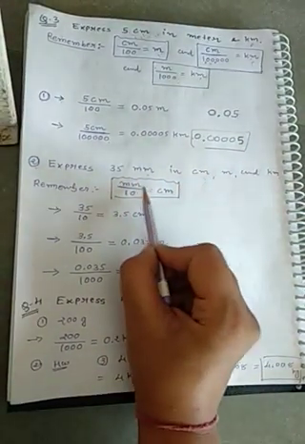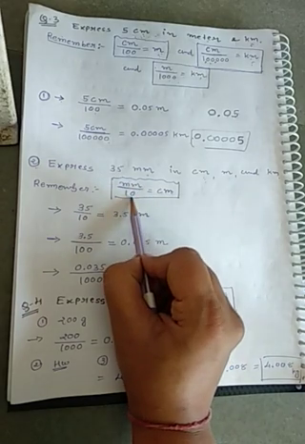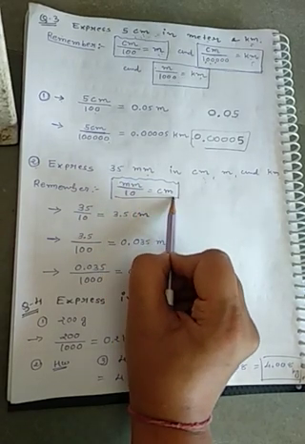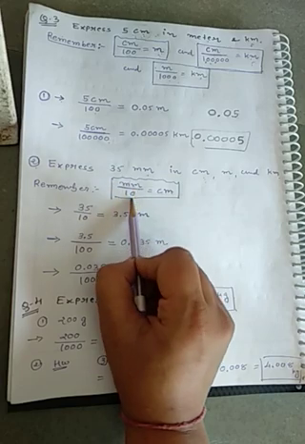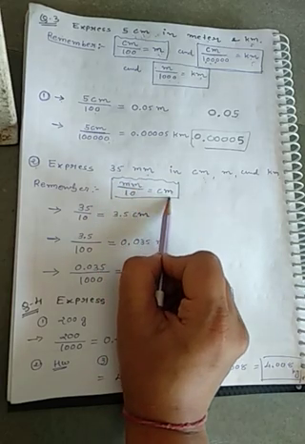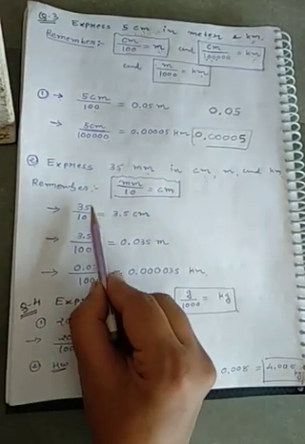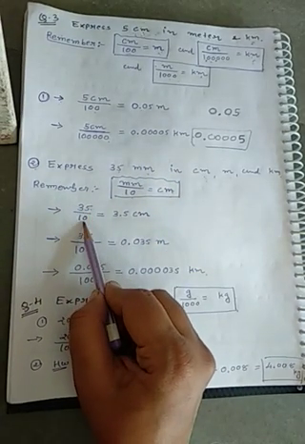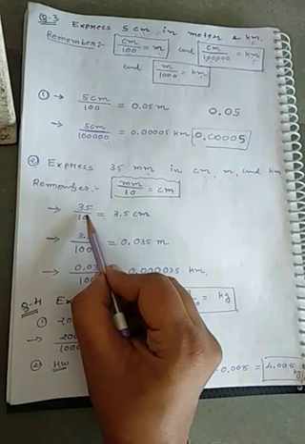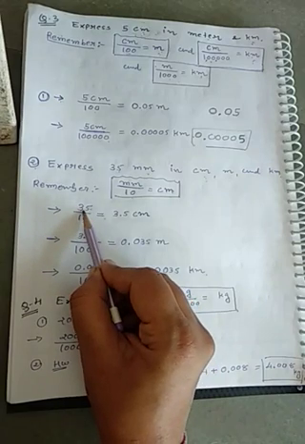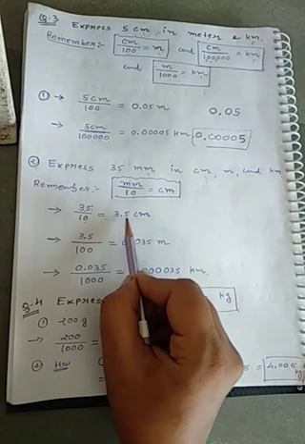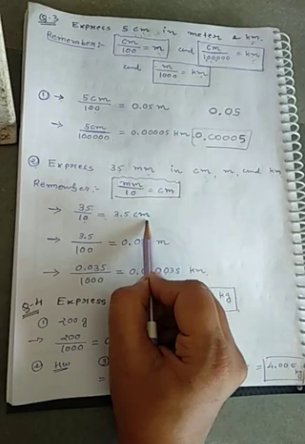So the relation is millimeter divided by 10 is equal to centimeter. So 35 divided by 10 is equal to what? 3.5 centimeter.